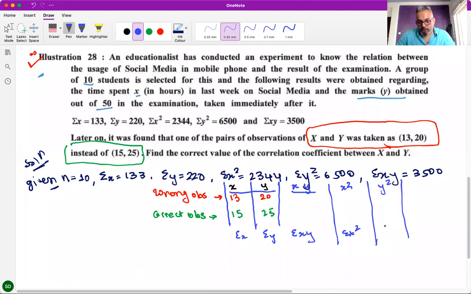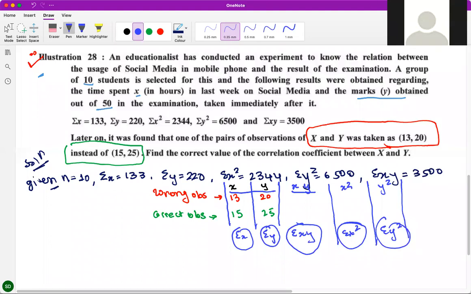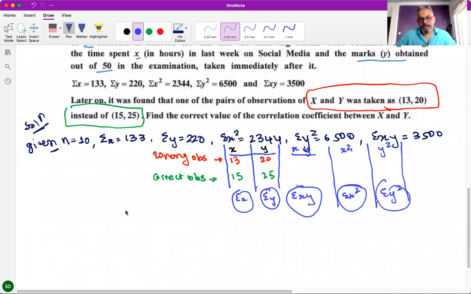So first of all, we have to find all of them the correct one. All of them. All of you understood this? Okay. Yes, sir. Now, let's start one by one.